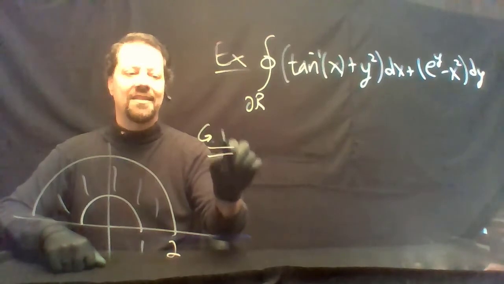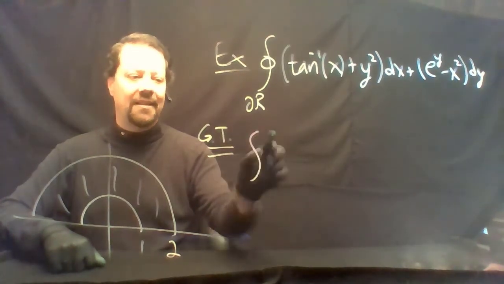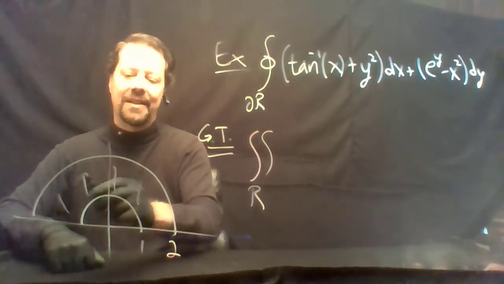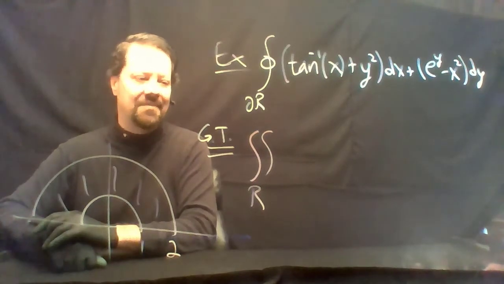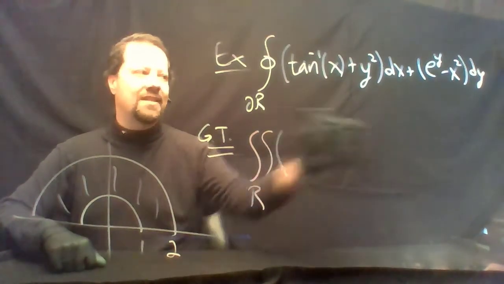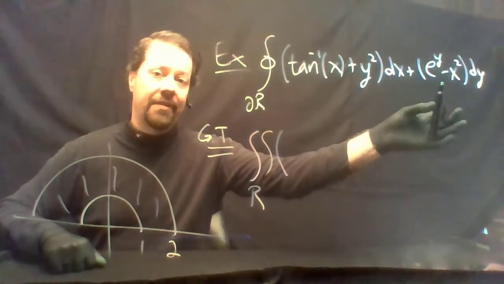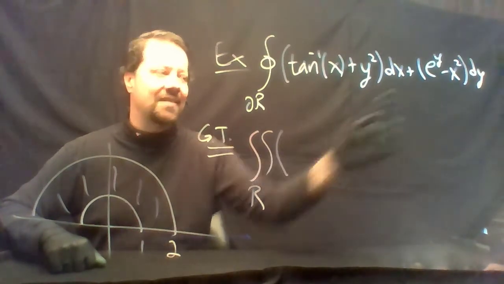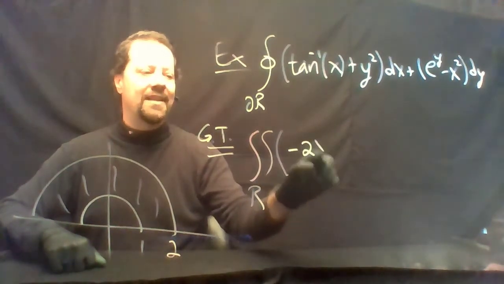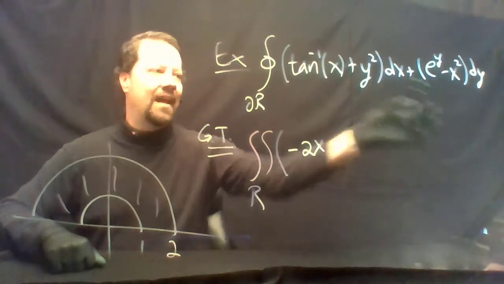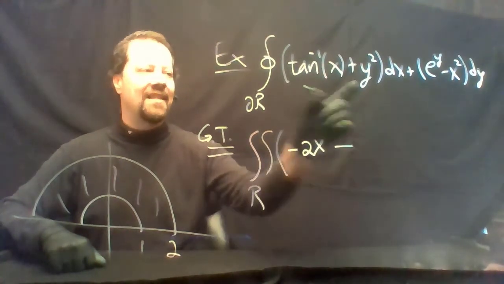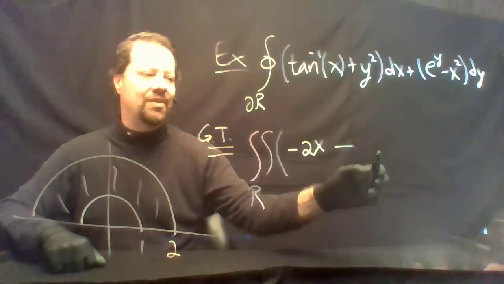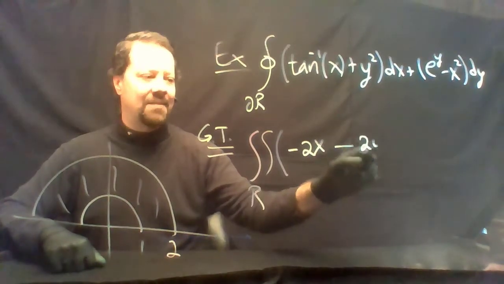So we'll apply Green's theorem and calculate an area integral over the entire region R instead. For Green's theorem, we have to calculate the derivative of N with respect to x. That's going to be minus 2x. And then we have to subtract the derivative of M with respect to y. That's minus 2y.